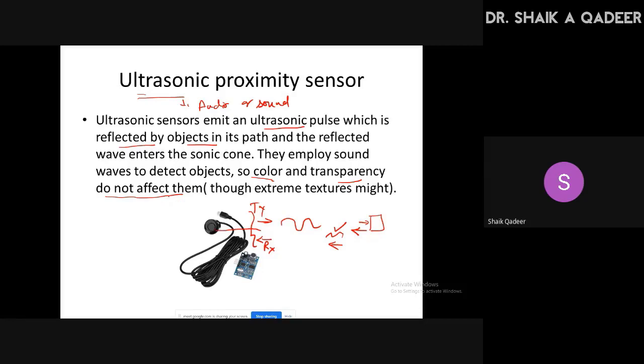Whatever may be the color, because in case of light rays, the optical sensor, if the medium is different, it is not able to reflect the signal back, we may not be able to detect the information. So color matters, transparency matters in case of the optical sensor, but in case of the ultrasonic sensor, nothing matters, neither color nor transparency. Okay, it may be the extreme texture situation.